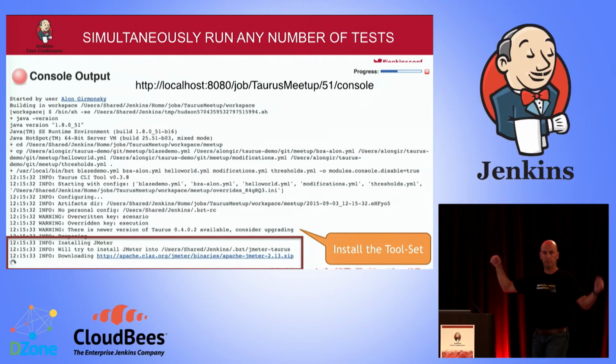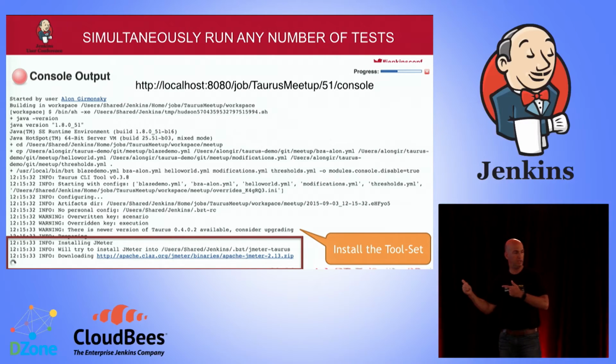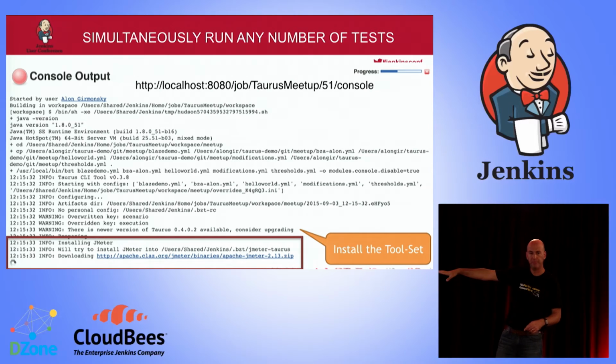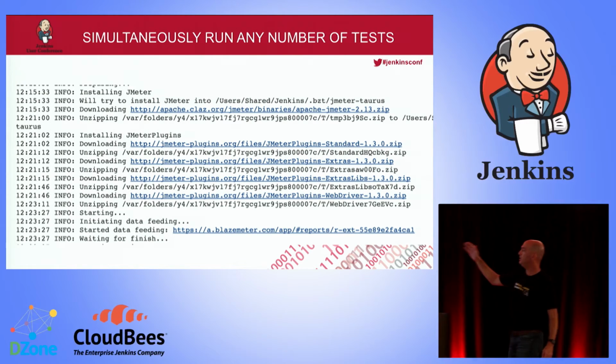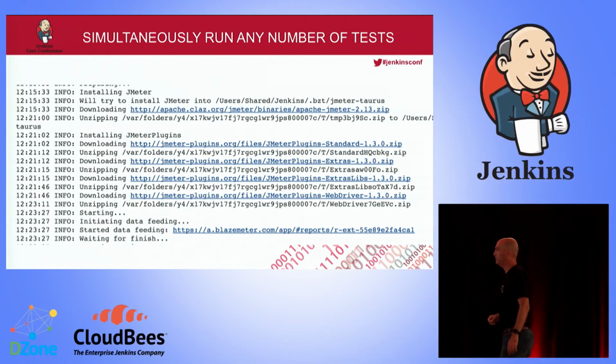Apparently, before this presentation, I didn't have 2.13. So I remembered to run it just before coming here, and it installed it on my laptop. Okay? And then it continues. It continued installing all of the relevant plugins that you need in order to run this.